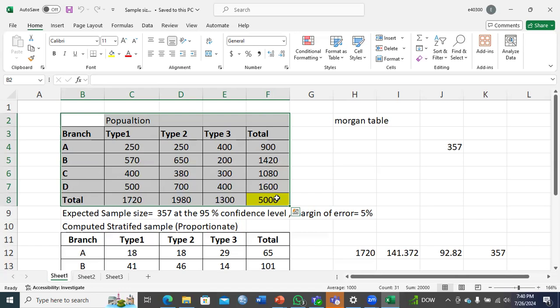Thereafter, we can move to compute the sample size stratifications. The Morgan table you can use to compute the full sample size. It's 357. Thereafter, we should compute the stratification. Okay, quickly write down.